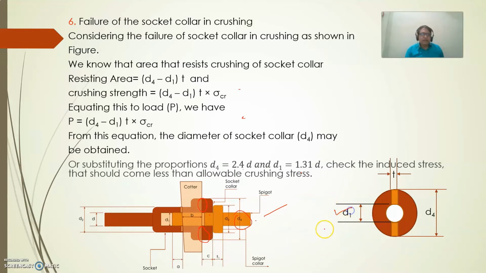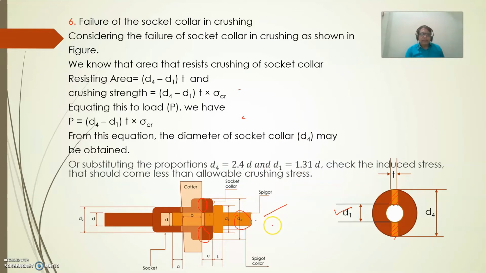So taking that value, I can get this one, and now at the section where it is there, it is the crushing. This is the area we need to have. Not the whole area it is in contact. The quarter is in contact with this area only.